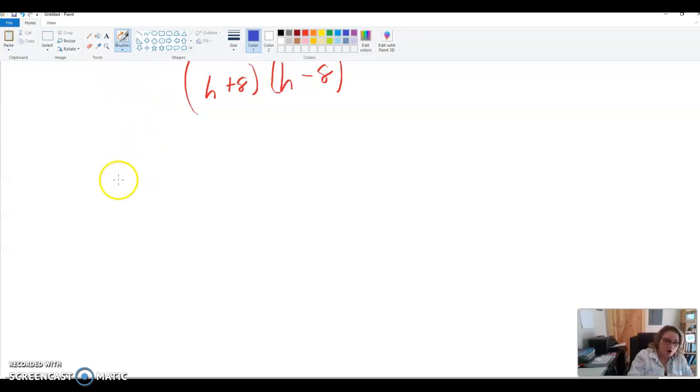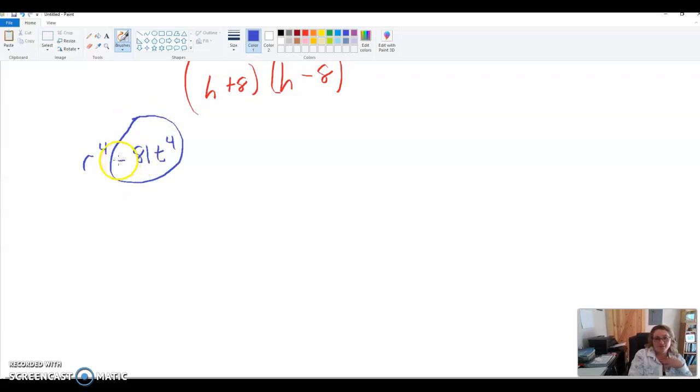Let's do this, if I have the problem r to the 4th minus 81 t to the 4th. Okay, there's a lot of parts to this, right? So the first thing we're going to notice is we have something that is able to be taken the square root of, right?